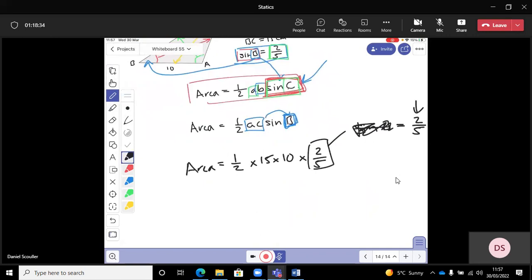And again, it comes to the order in which you want to do the multiplication and dividing. So, a couple of ways we can do this. Maybe tidy it up a wee bit, multiply the half by the 10. 10 over 2 just gives us 5, multiplied by 2 over 5.